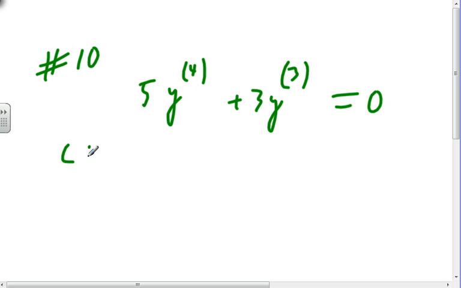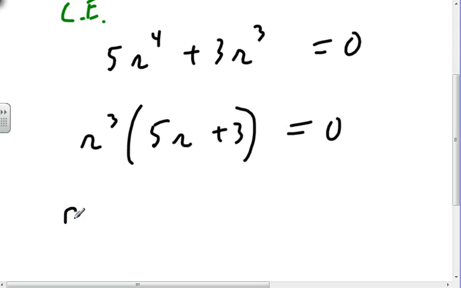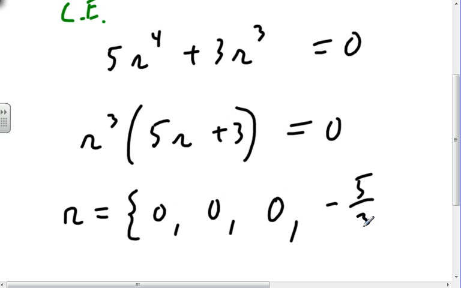So I've got a characteristic equation which is going to be 5r to the fourth plus 3r cubed, and I can factor that: r cubed times (5r plus 3). I find that I have r's that are 0, 0, and 0, so I have 3 roots of 0, and then I've got minus 5 over 3. No, I don't. I have minus 3 over 5.